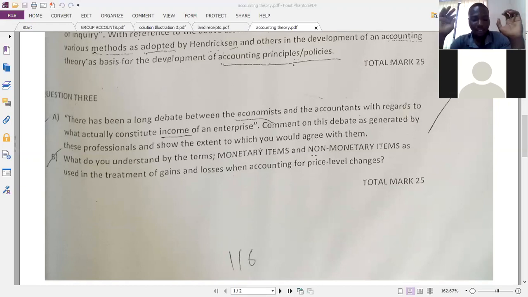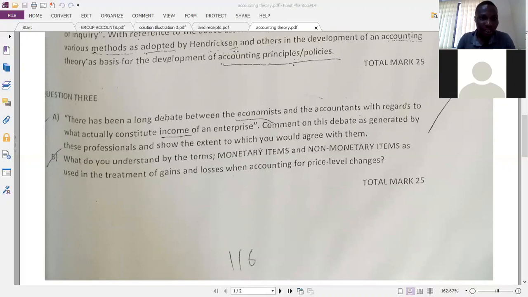So there are transactions that are fixed by contract, or by their nature, they are not affected by changes in prices of goods and services. So when prices of goods and services change, they don't affect them. For example, your school fees: at the beginning of the semester, they charge you, pay this. Whether prices have gone up, prices have come down, you are in lockdown, you are not in lockdown, they say you pay. That is what they basically mean.